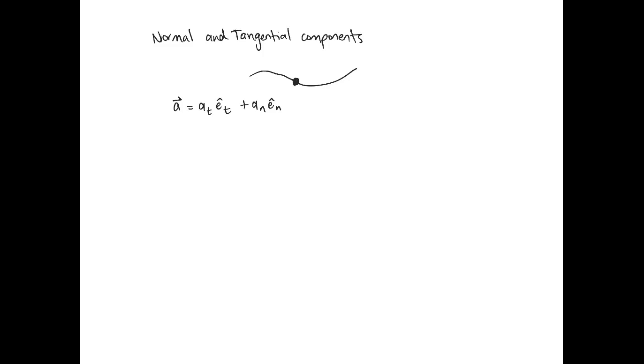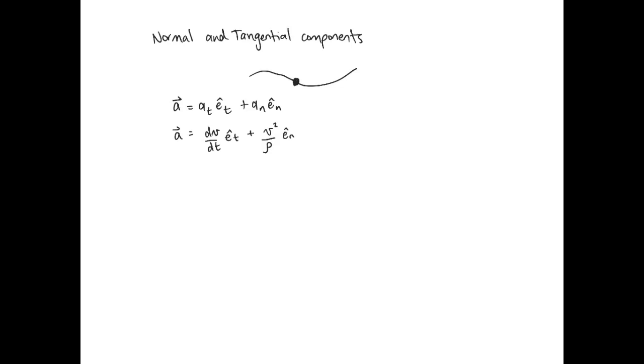The same equation written differently is a is equal to dv over dt, and in this case it's not the vector, so this is the change in speed with respect to time in the tangential direction, plus the speed squared divided by rho, which is the radius of curvature in the normal direction.